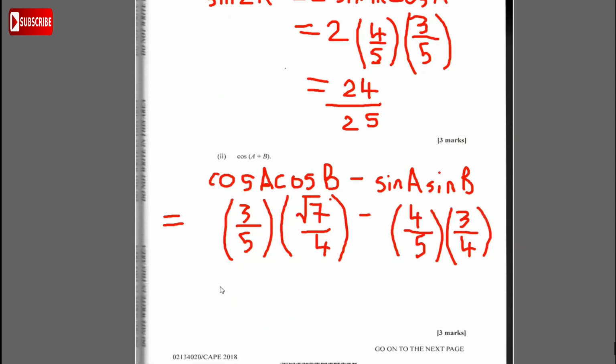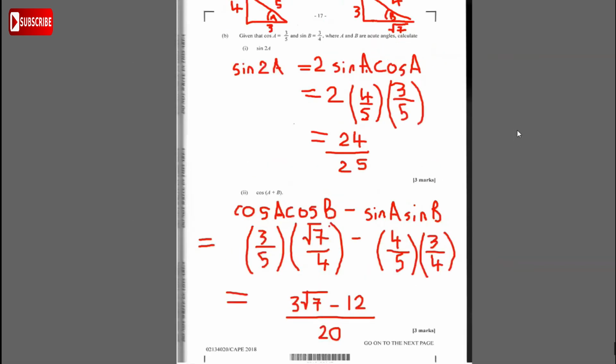I'm just going to write it as one fraction. 3 root 7, 4 times 3 is 12. So that's 3 root 7 minus 12 over 20. Nice and easy, soft. Okay, so we finished that question.